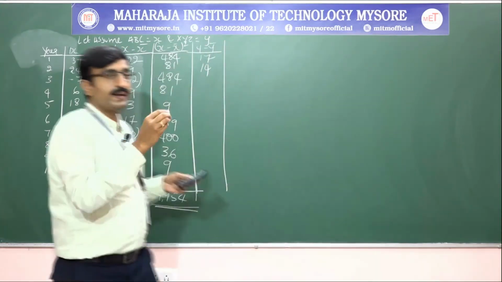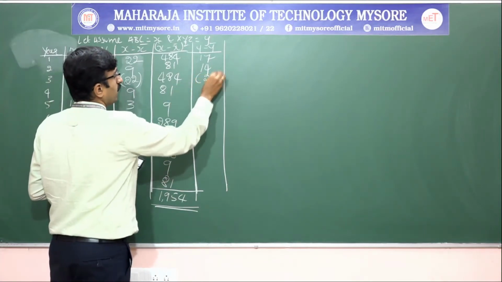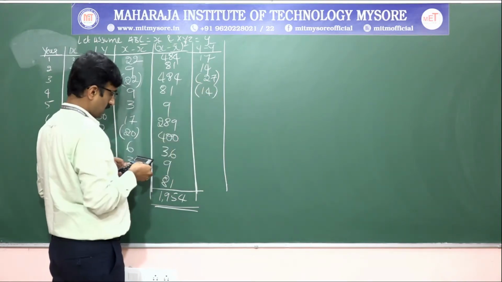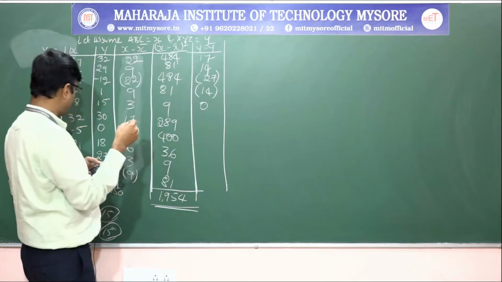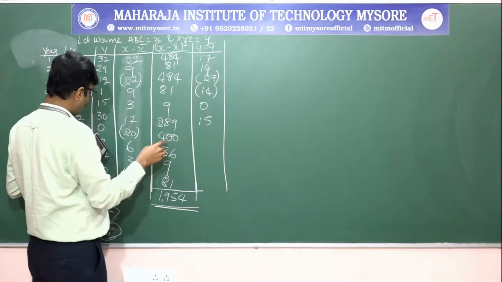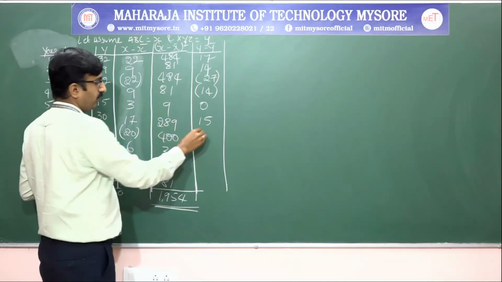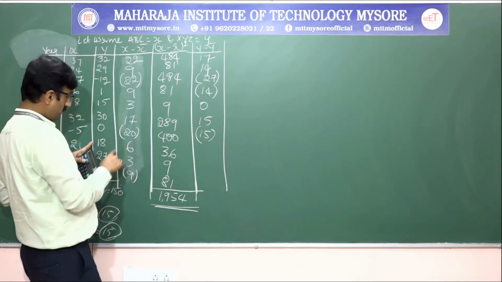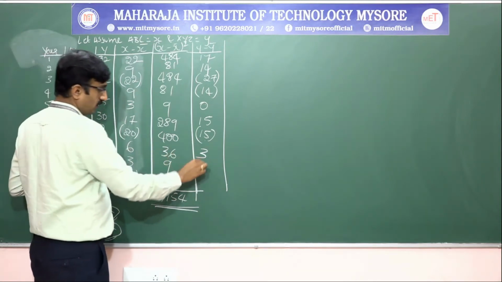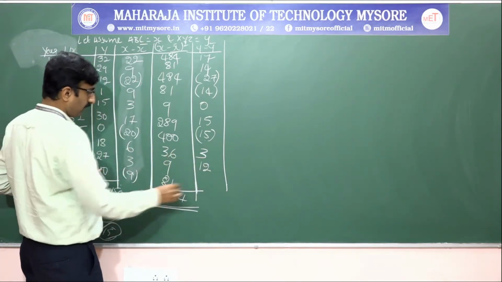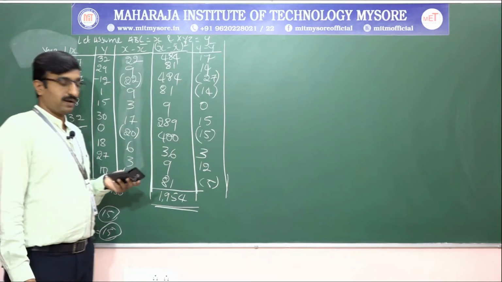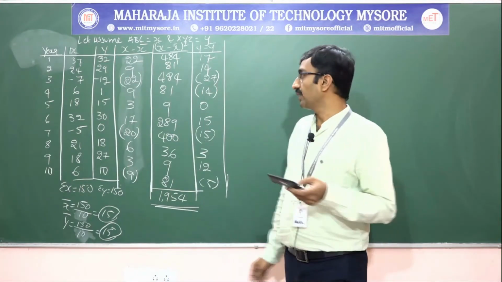Then it is 27, it's a minus value, then 14, also minus, then 0, same 15 and 15, then 30 and 15, it is 15 only, minus value, then 18 and 15, it is 3, then 12 and 15, minus 5. We have found y minus y bar.